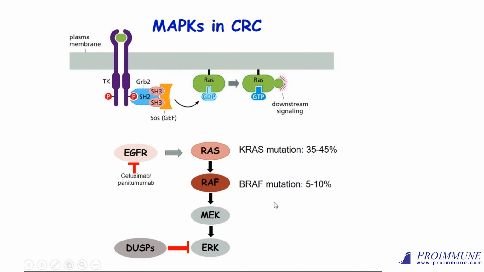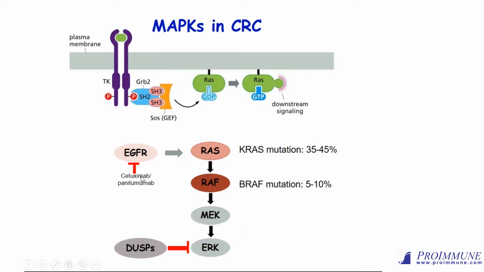The BRAF mutation, on the other hand, is identified in about 10% of colorectal cancer patients. Interestingly, the KRAS mutation and the BRAF mutation are mutually exclusive. Therefore, about 50% of colorectal cancer patients have a mutation in this pathway, which leads to constitutive activation of ERK to drive cell proliferation as well as migration.